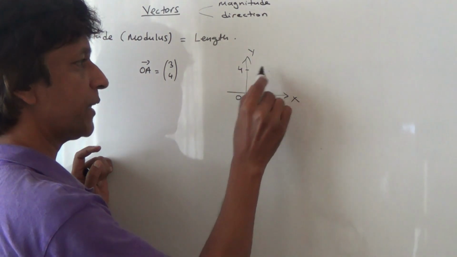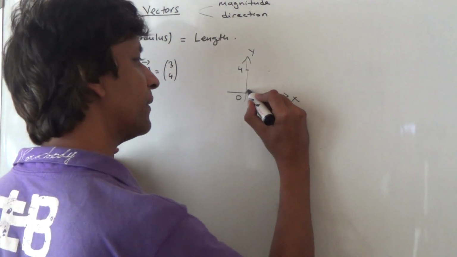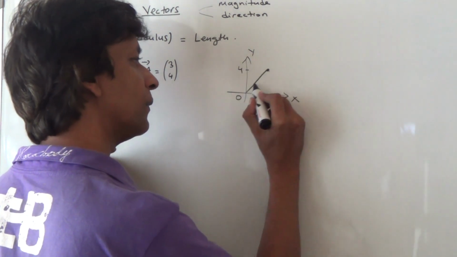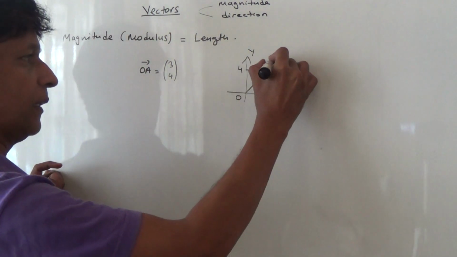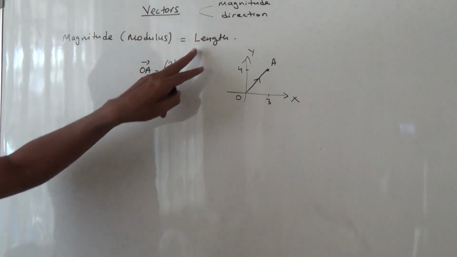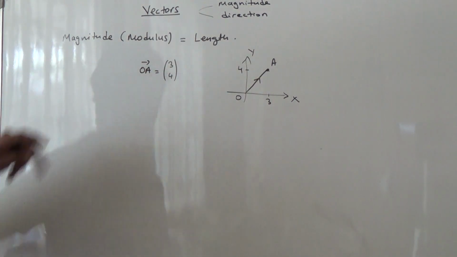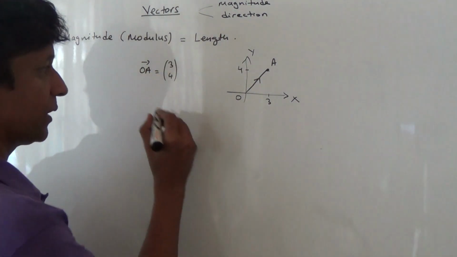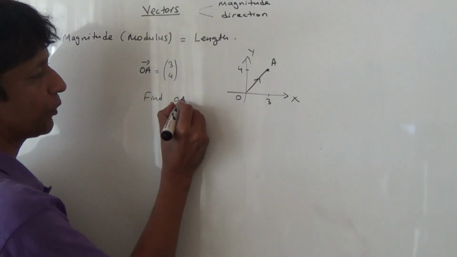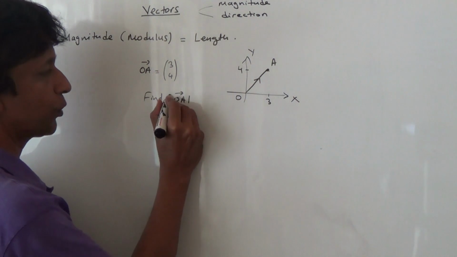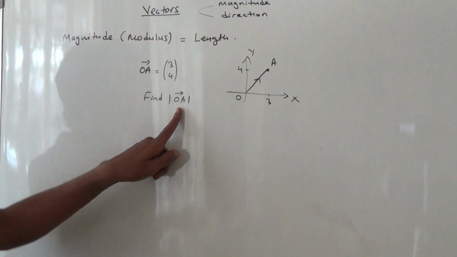So you're going to point here, that's a coordinate, and here is your vector. So this is the vector OA. And I tell you to find the modulus of vector OA, often written with this symbol, find the modulus of vector OA, or the magnitude of vector OA.